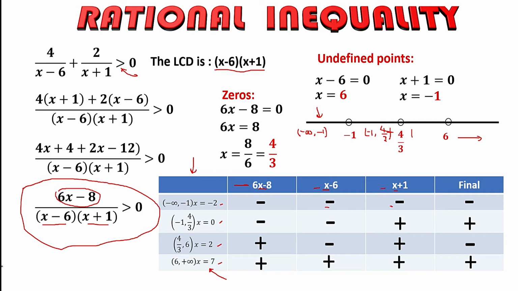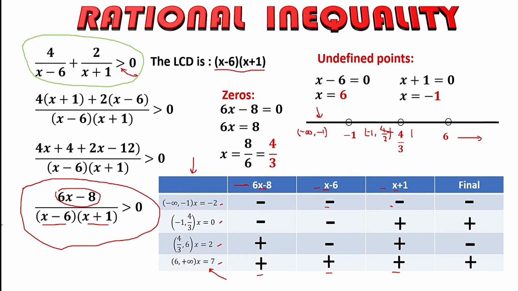A positive times positive, its denominator is positive, and a positive divided by a positive is positive. But in my inequality, I need to find when this expression is greater than 0, when it is positive.